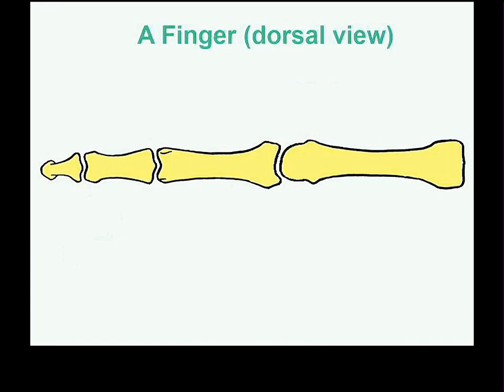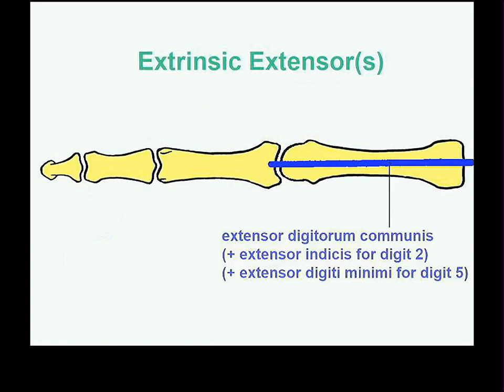Here's a dorsal view. You haven't dissected this. You won't do it till Friday, so I'll just have to go through this new information for you. We see the tendon of the extensor digitorum communis, maybe joined by that of extensor indicis for the index finger, or joined by that of extensor digiti minimi for the little finger.